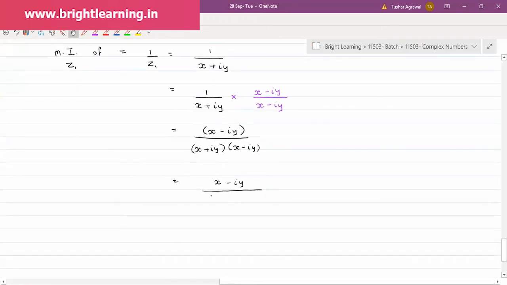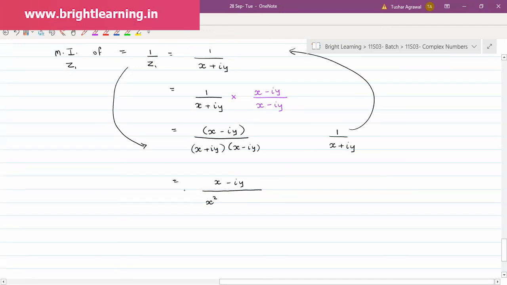So x into x will be x square minus. Sir, here x minus iy we can cancel out now, sir. Then we will get 1 by x plus iy. Yes, you will get 1 by x plus iy. That is what we wanted to calculate, right? Sir, that is our original target. Yes. Okay, so you are starting here, then cancelling it, you will again reach here only.